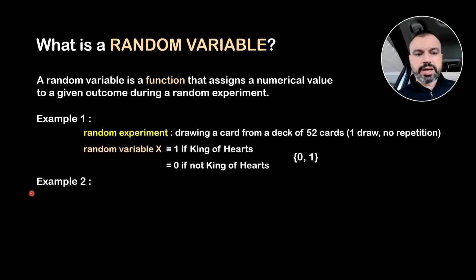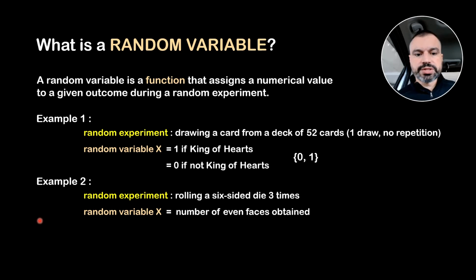Let's take a look at a second example. Let's say that our random experiment consists of rolling a die 3 times, and we want our random variable x to track the number of successes. Here, the success is going to be defined as getting an even face, and we want to count the number of even faces we obtain after rolling the die 3 times.